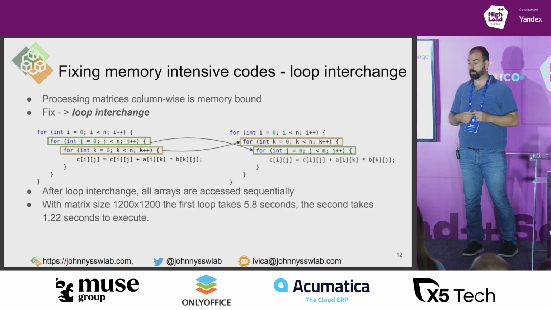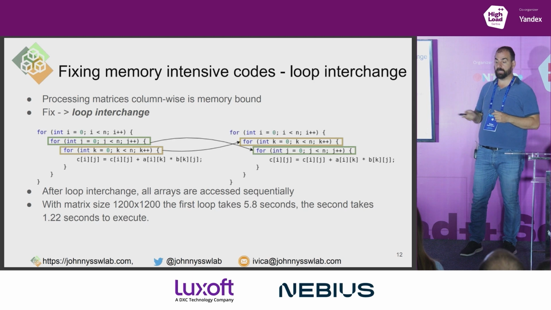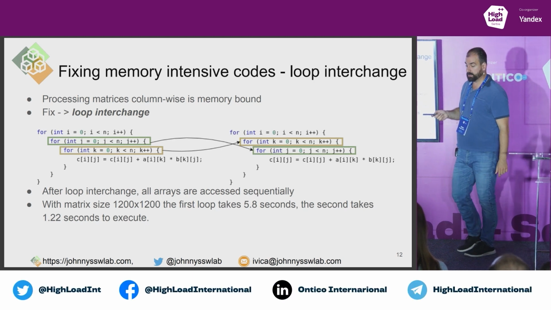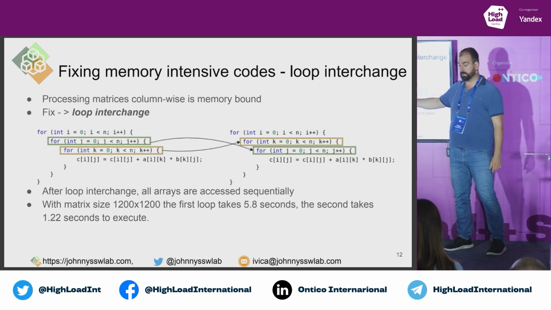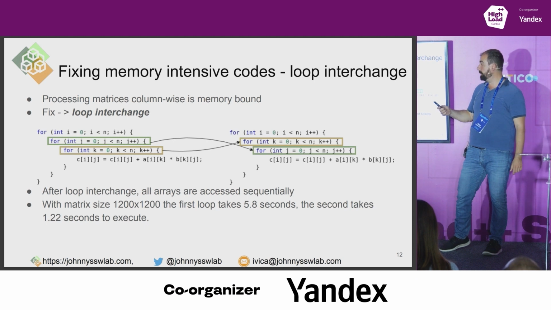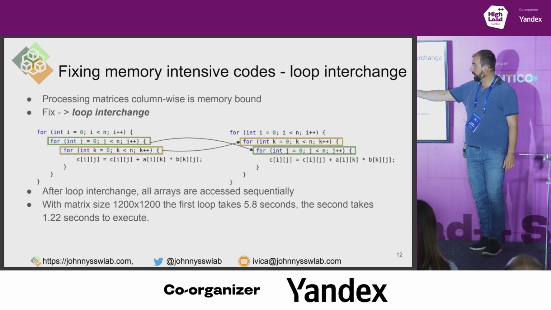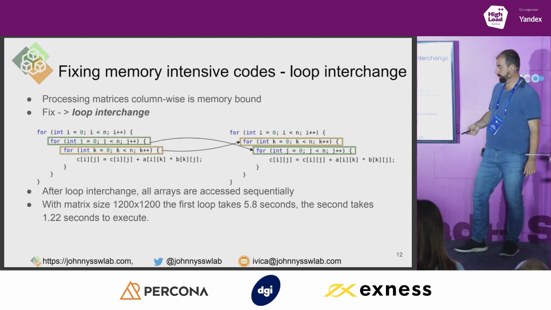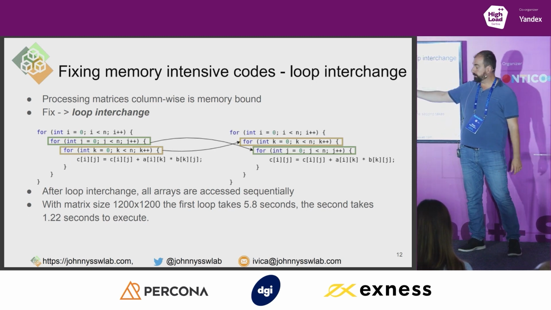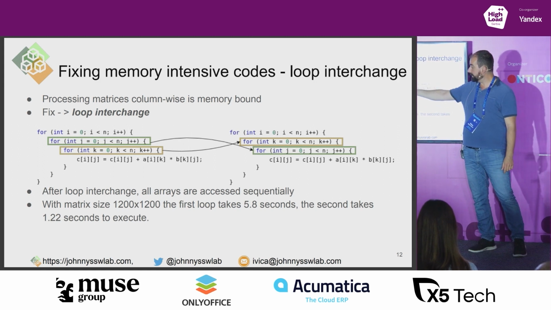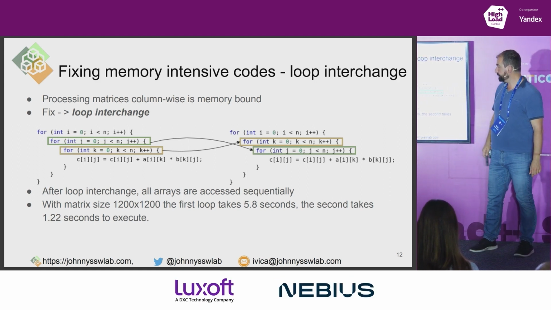Loop interchange. So what happens here? This is classic matrix multiplication code. We have three nested loops, and the innermost loop calculates something. We need to analyze the memory access pattern for accesses to matrices C, A, and B. The innermost loop iterates over K. When K increases by 1, what happens to C, to A, and to B?